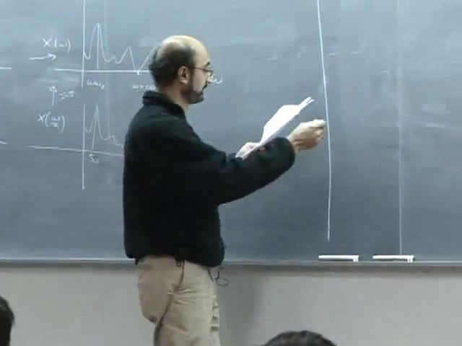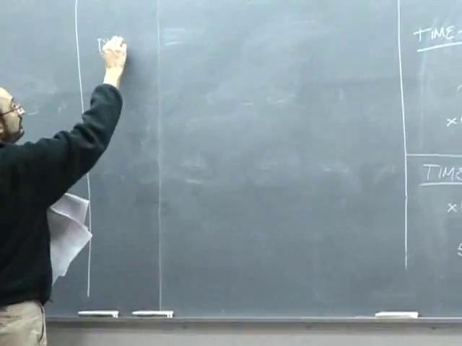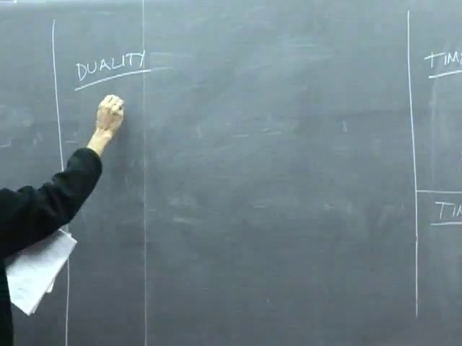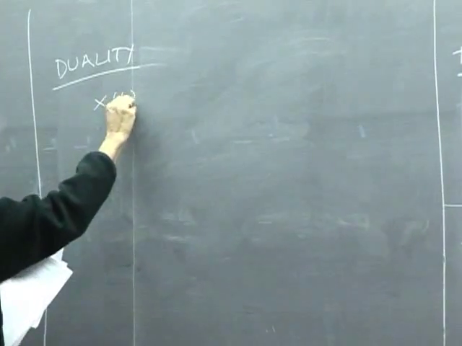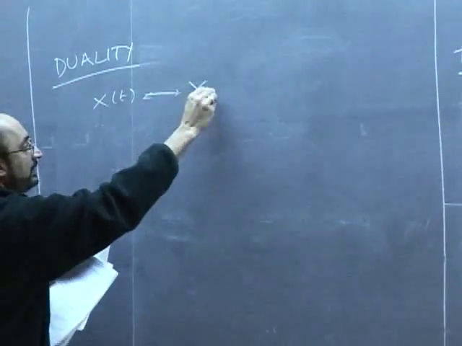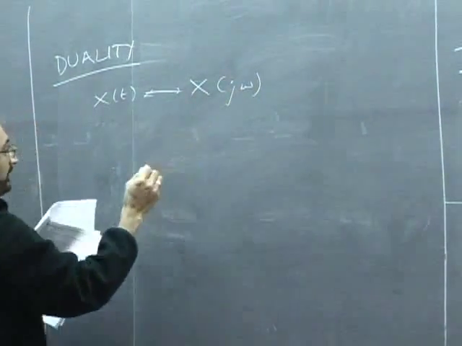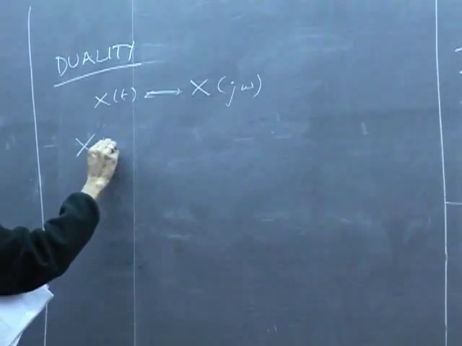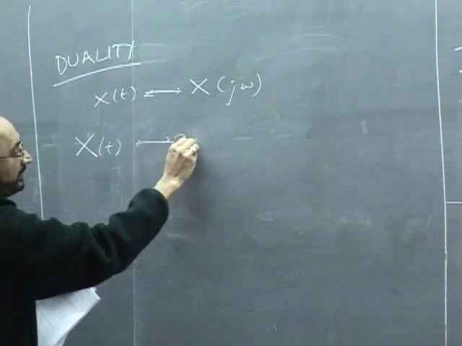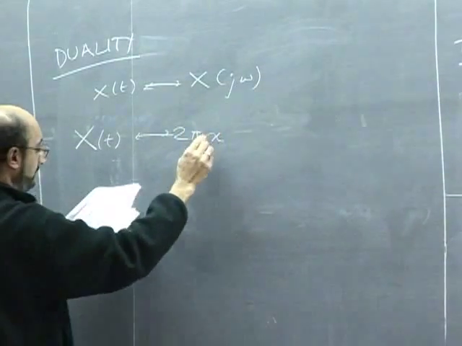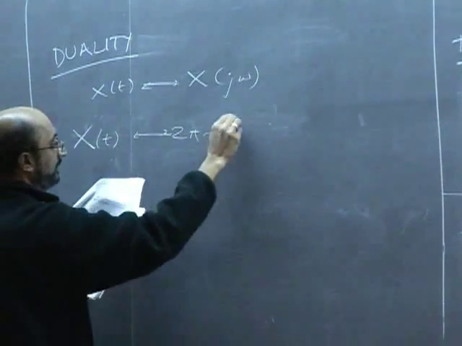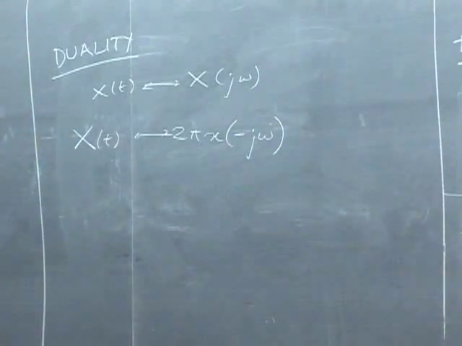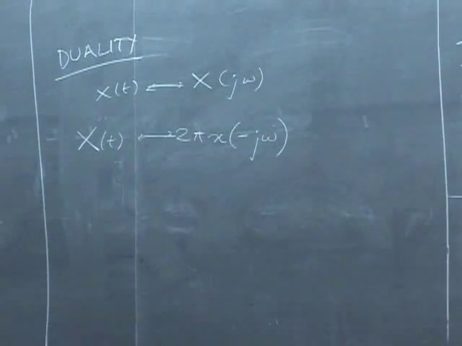So anyway, duality says, if x of t goes to capital X of j omega, then capital X of t goes to 2 pi x of minus j omega. It's easy enough to state.